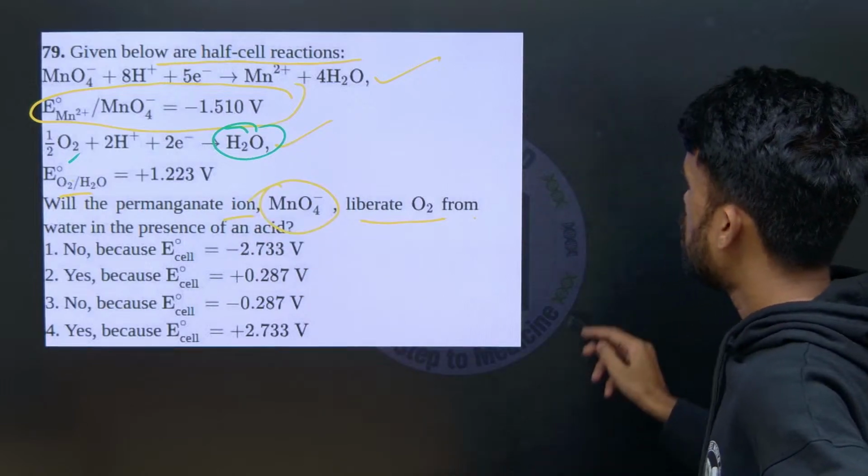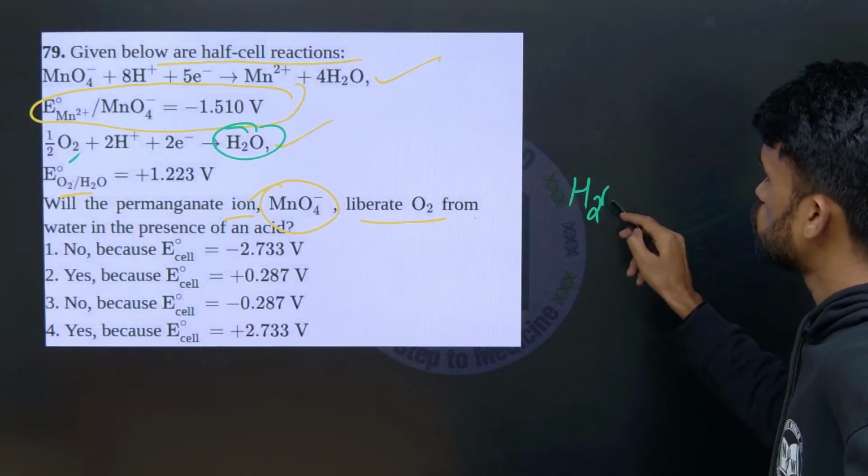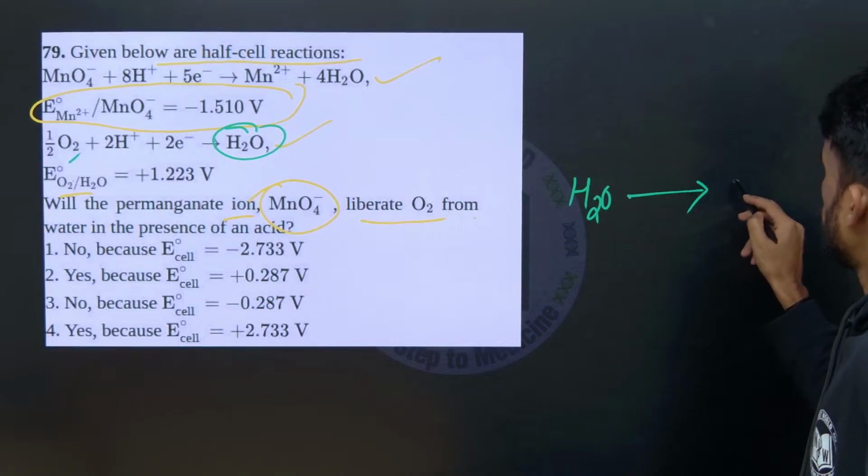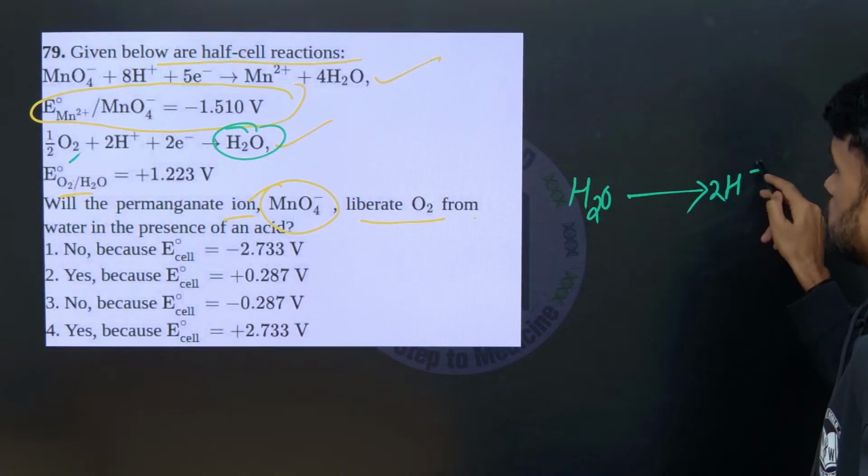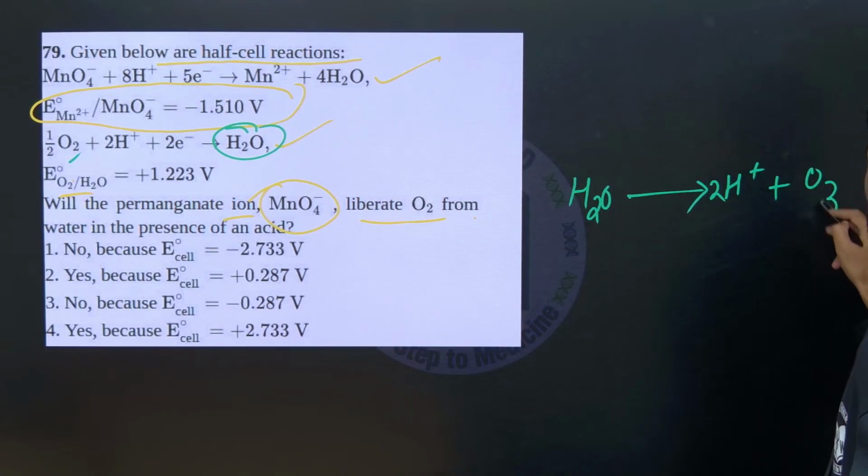So just write the opposite reaction here, H2O giving H2, H plus, half O2 plus 2 electrons are released.